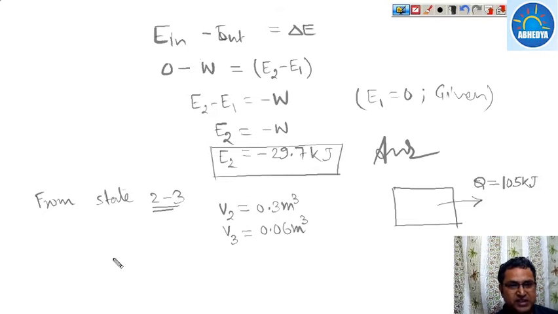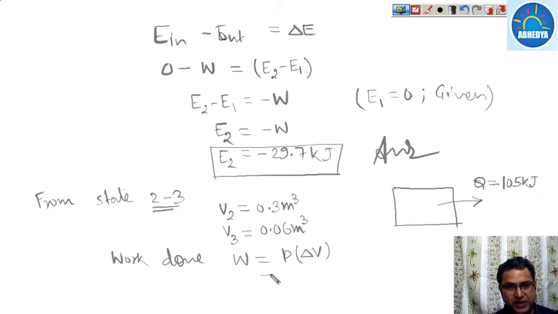So how much work is done? Work done, W is equal to P delta V. So P is 0.1 into 10 raised to the power 6. What is delta V? 0.06 minus 0.3, which is minus 0.24.